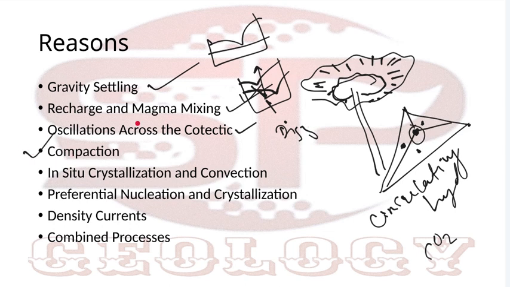Apart from that, compaction. I have already told you about compaction. In situ crystallization and convection: if there is a convection current working inside the chamber, then layering can also develop. Then preferential nucleation and crystallization. That means nucleation is happening only in a particular layer.